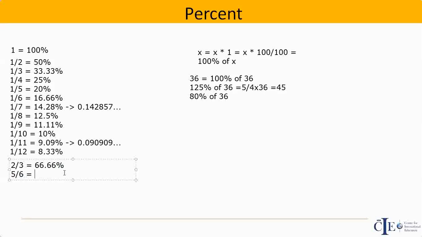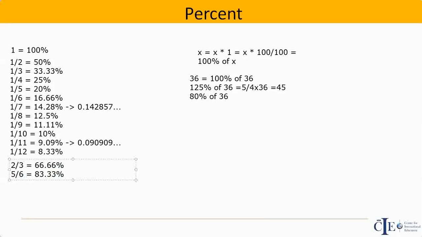Now 1 is 100% and 1/6 is 16.66. So the value of 5/6 is 100 minus 16.66. 100 minus 16 is 84. I'm still left to subtract 0.666, right? So from 1, if you take 0.666, you'll leave 0.333. So therefore 83.33%. You can say that 5/6 is actually 83.33%.